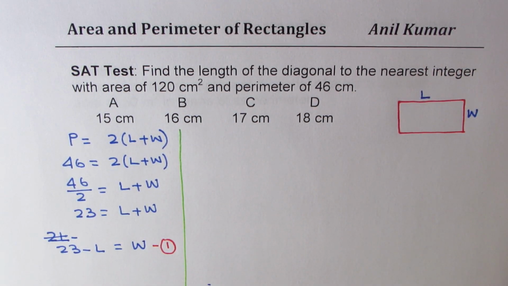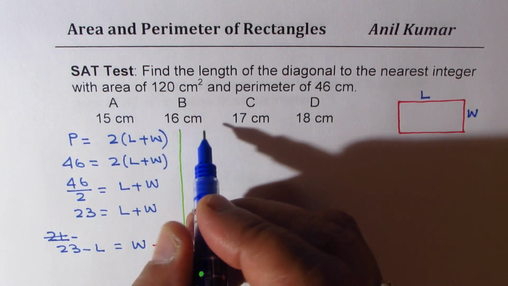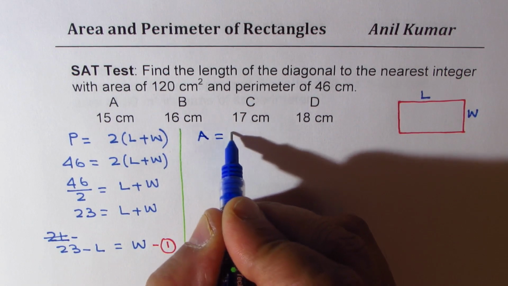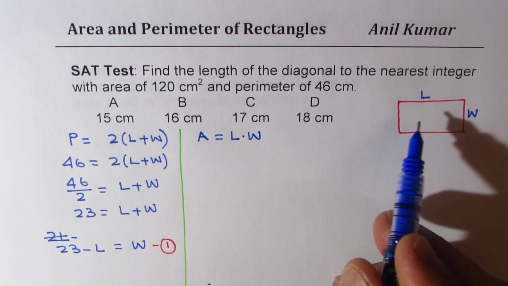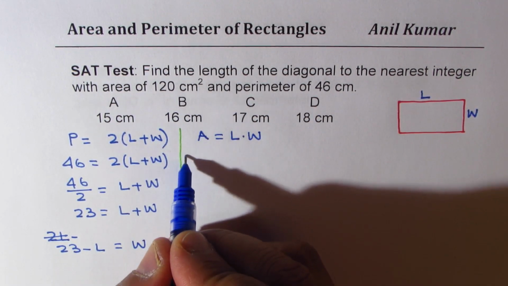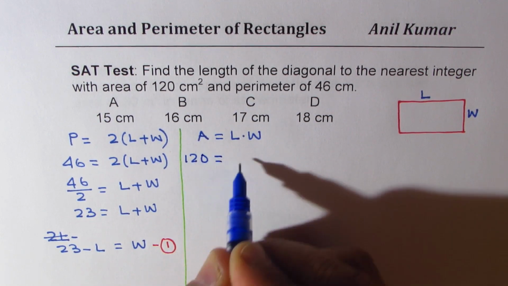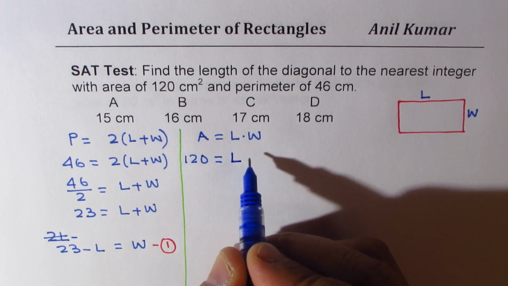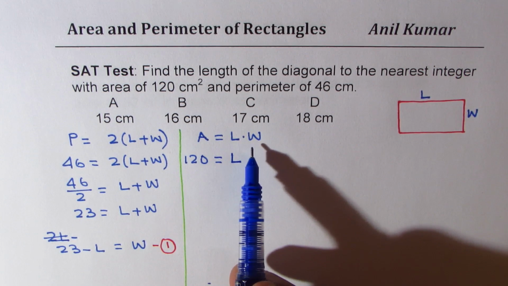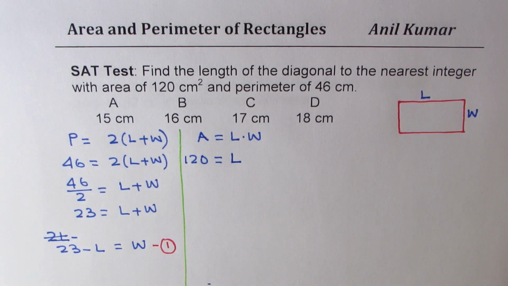Now we'll look into length and width product to find area. We also know that area is length times width. For us, area is 120. So 120 is length times width. Now, instead of width, I could substitute this value. You get an idea, right?